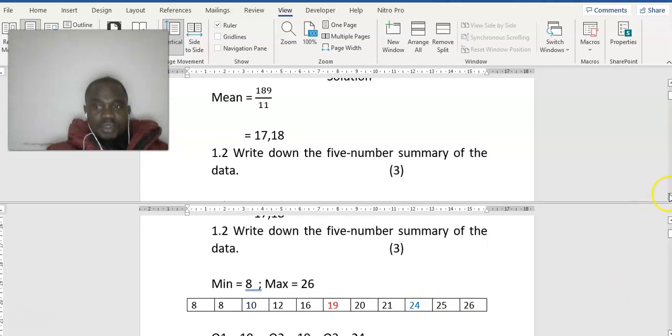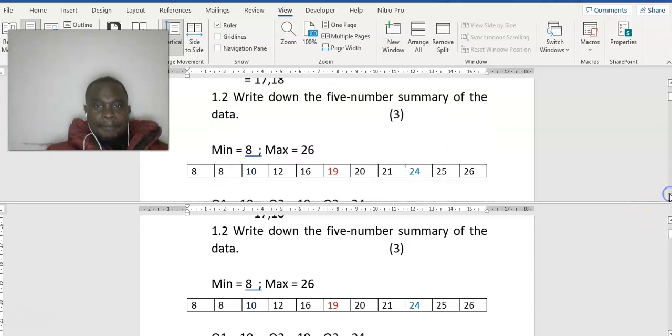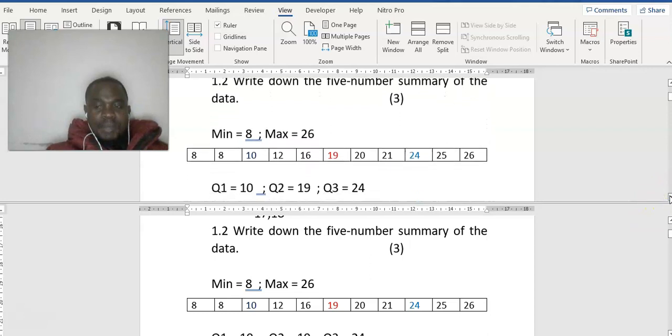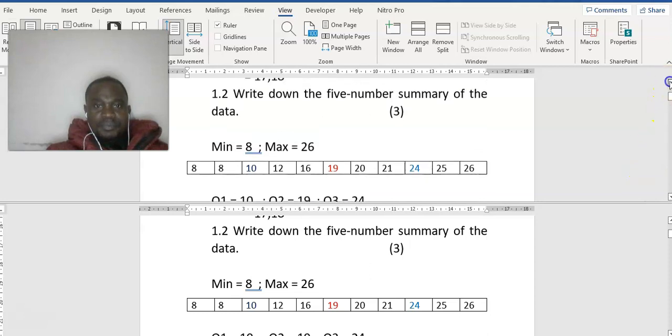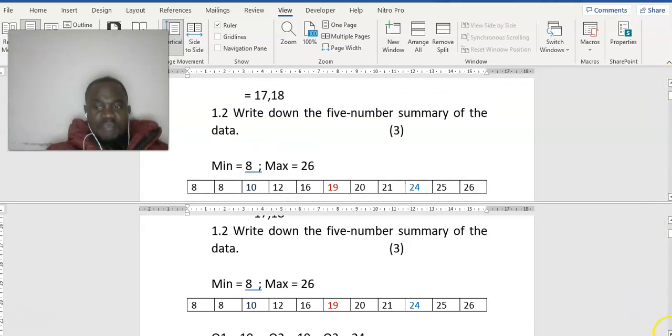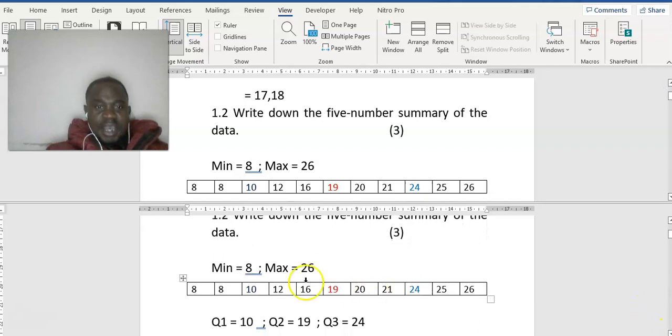Okay. So here our Q1, Q2, Q3, we are going to have as our minimum 8, which is this one, our maximum 26, which is this one, and our Q1 is 10, Q2 is 19, Q3 is 24.